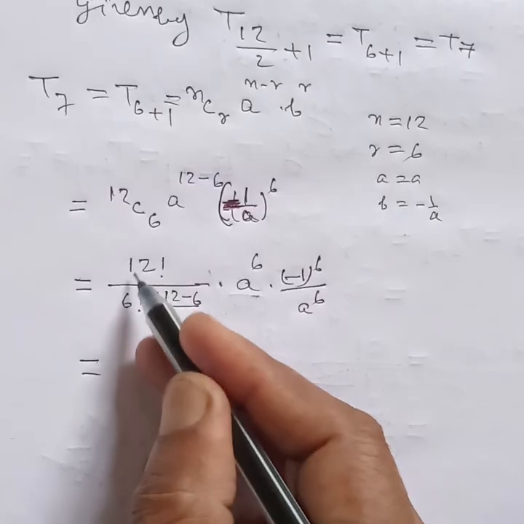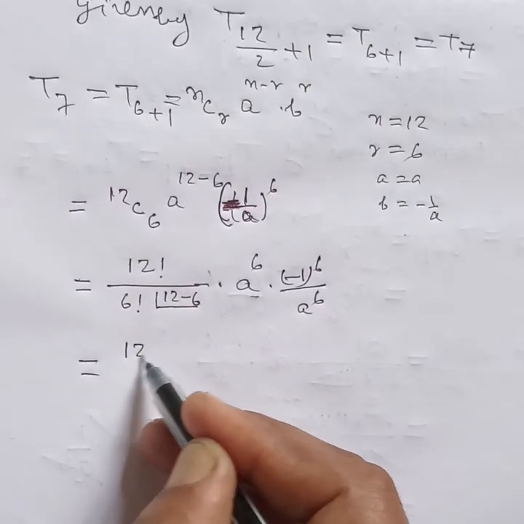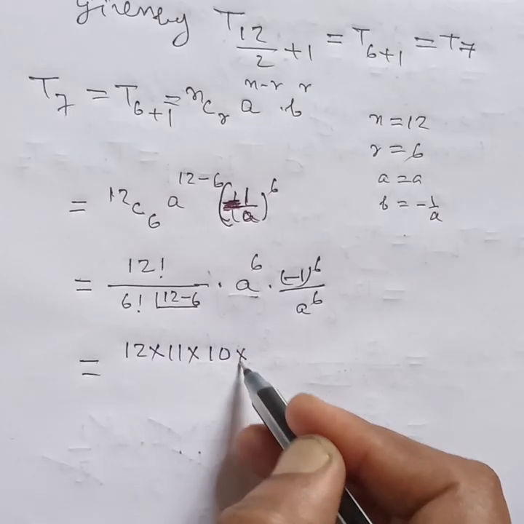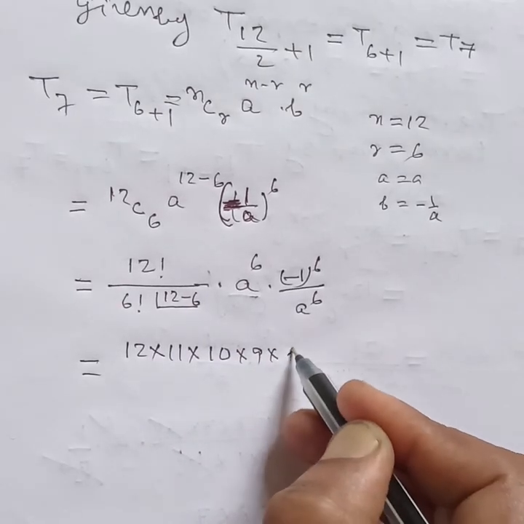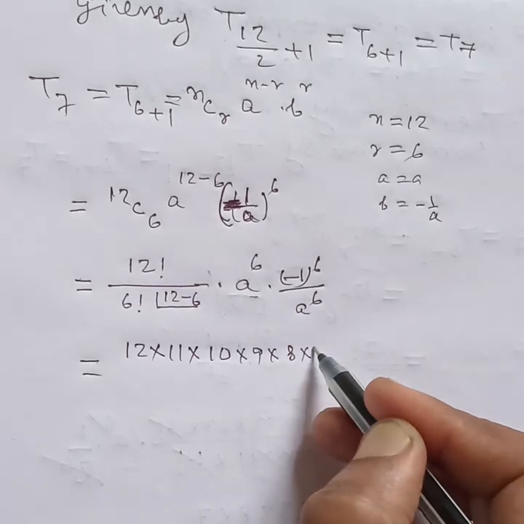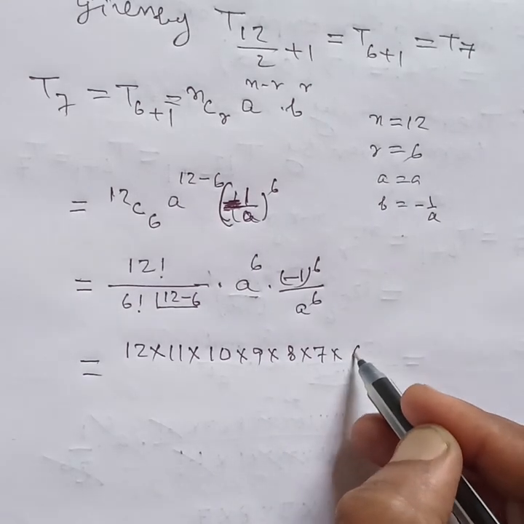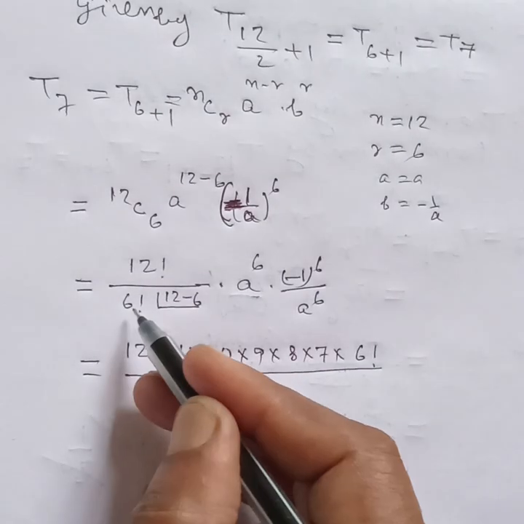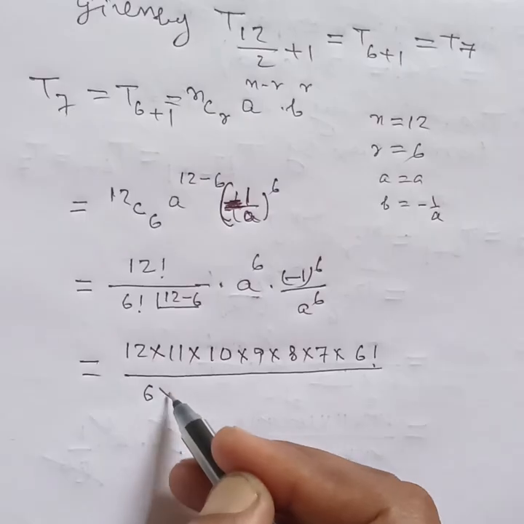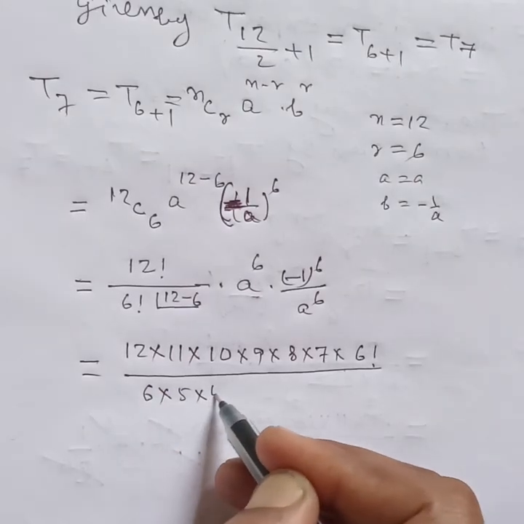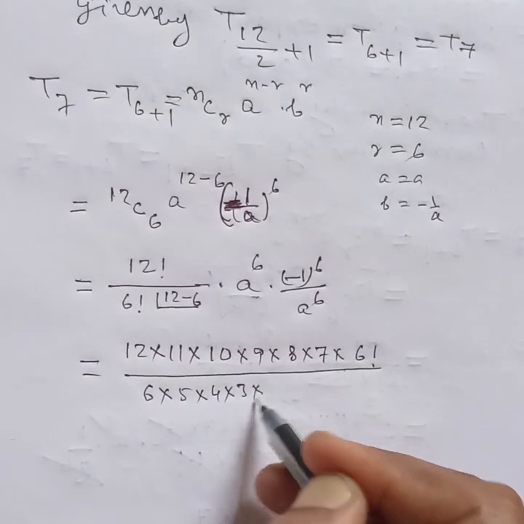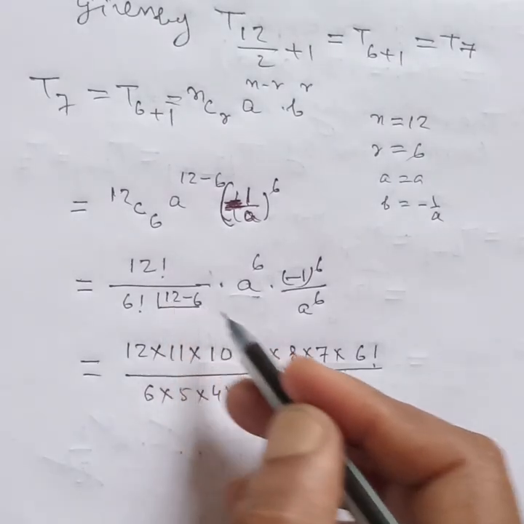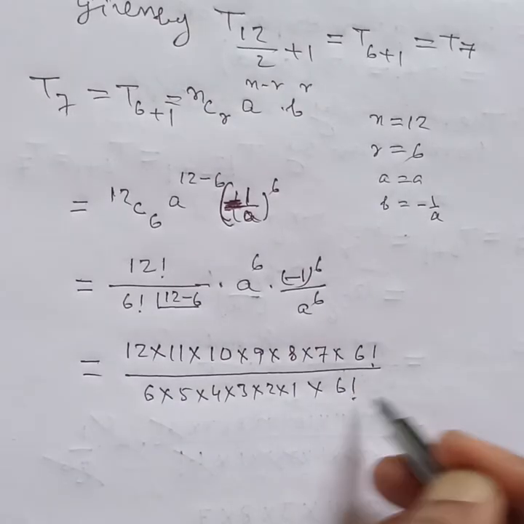This is equal to factorial 12, that is 12 into 11 into 10 into 9 into 8 into 7 into factorial 6, divided by factorial 6 into 5 into 4 into 3 into 2 into 1 into factorial 6.